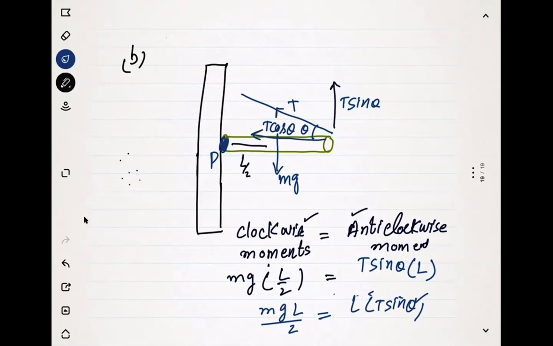So T sine theta will be multiplied with L. So this is clockwise moment is equal to anti-clockwise moment.